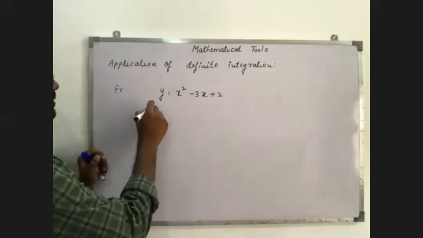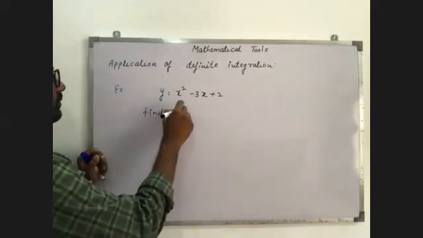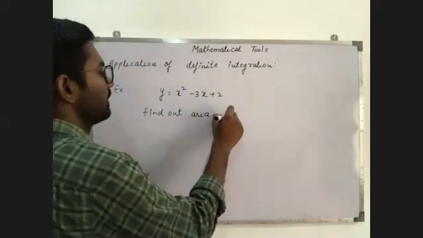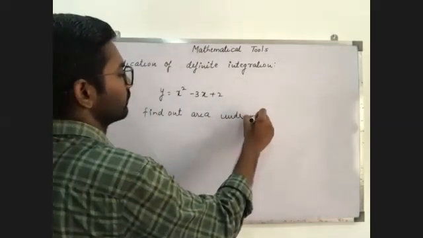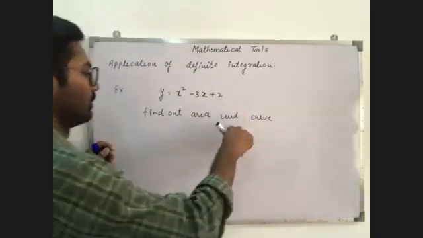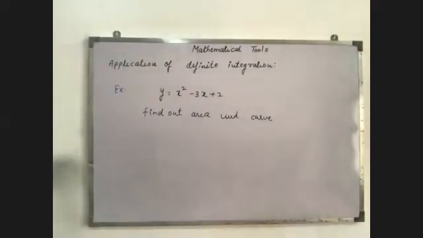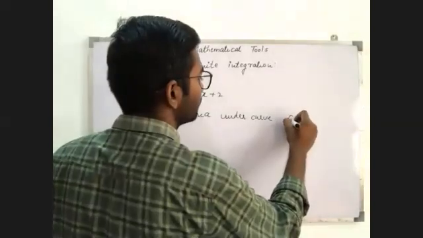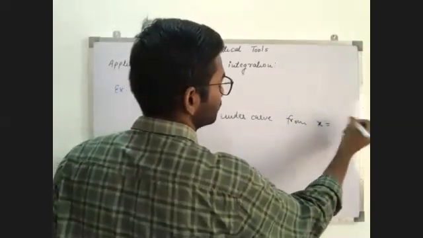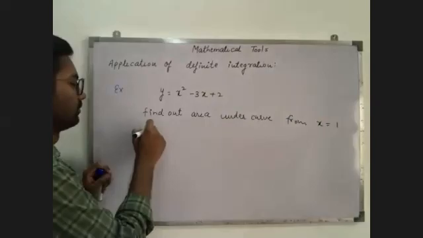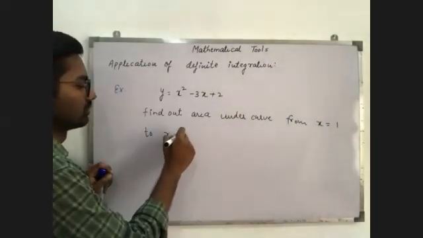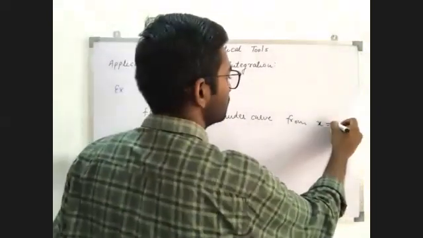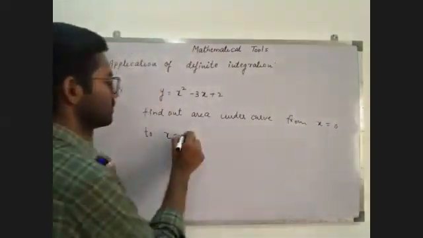Find the area under the curve from x equals 0 to x equals 2.